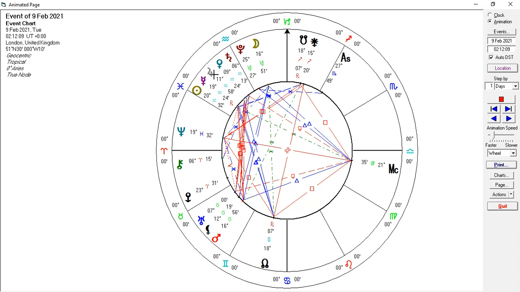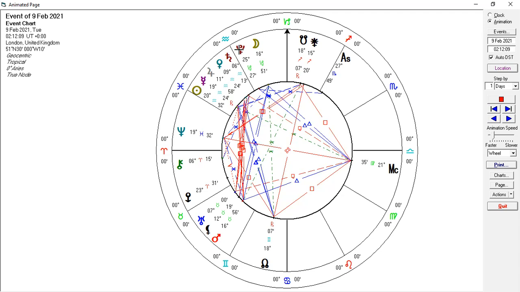But we can say that Jupiter takes 12 years to move around the chart, and Saturn takes 29 and a half. So Jupiter will be moving off. And then later in the year, Jupiter will go retrograde, but then also Saturn will go retrograde. We've had Mercury go retrograde, but the next planet going retrograde will be Pluto, and that will be in April. And I'll make a video on that.